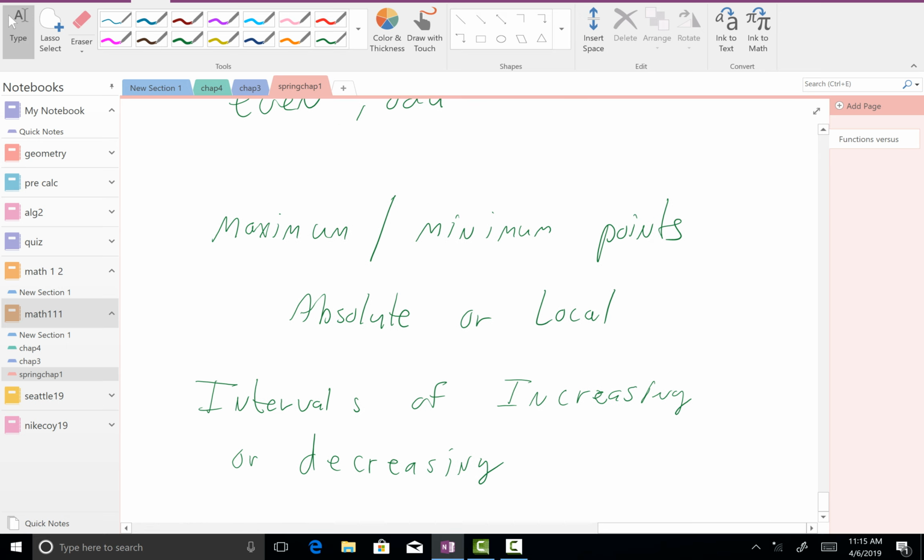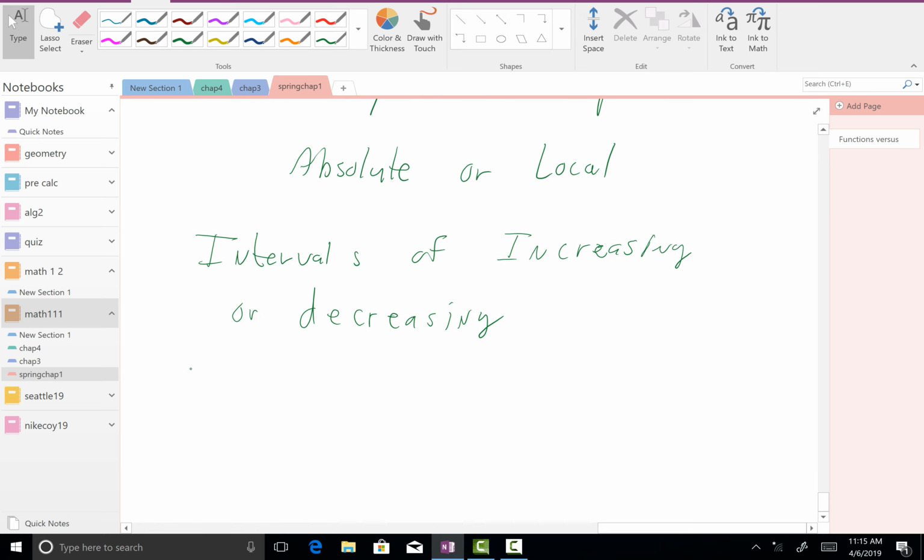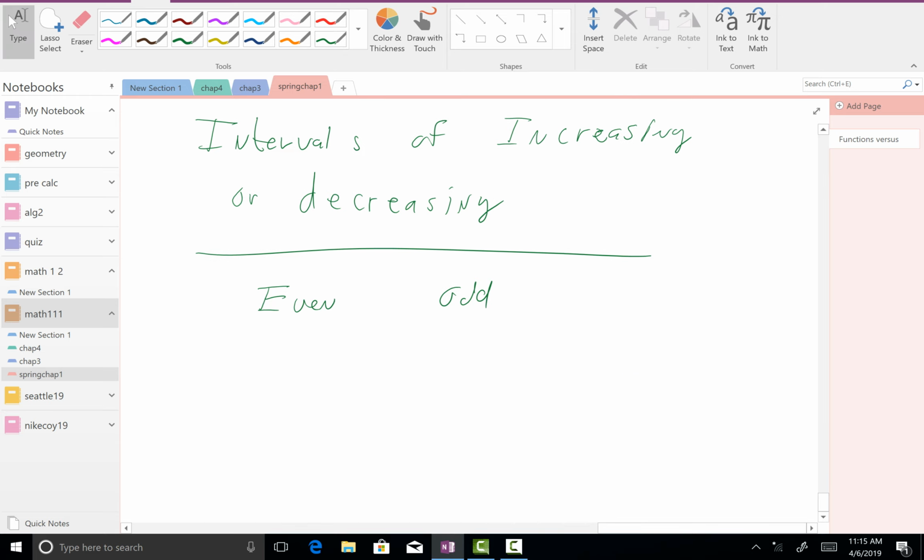So let's talk about even and odd functions first, because I can do that without having Desmos around. They bring up even and odd functions, but it's not something they get really excited about. But here's the definition of an even function.